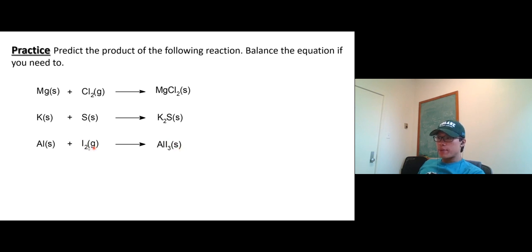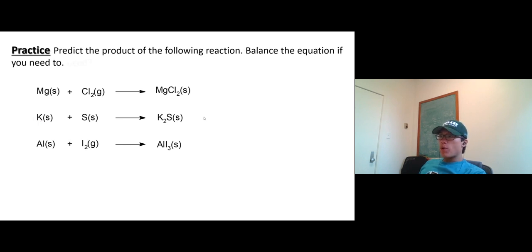You have to balance it out, so you put 3 in front of iodine and 2 in front of aluminum. Put 2 here, it affects the number of aluminum, so you have to put 2 in front of aluminum as well. Looks like I forgot to add the number here. Okay, so we said 2 here, 3 and 2. Don't forget the 2 in front of potassium here.